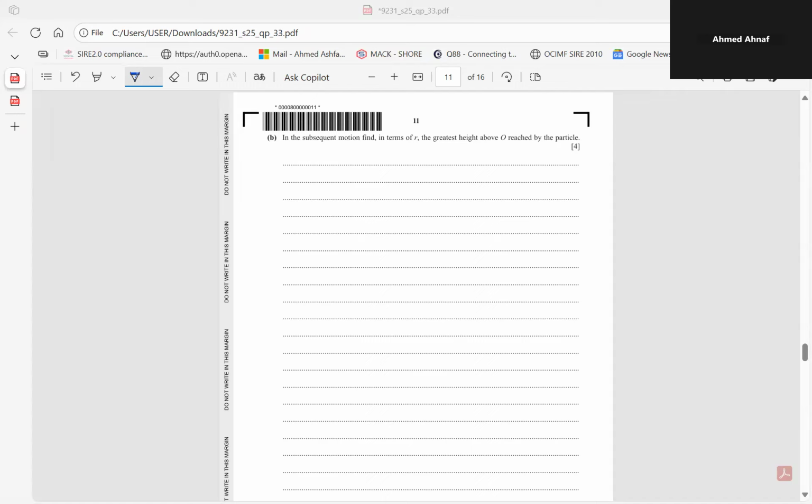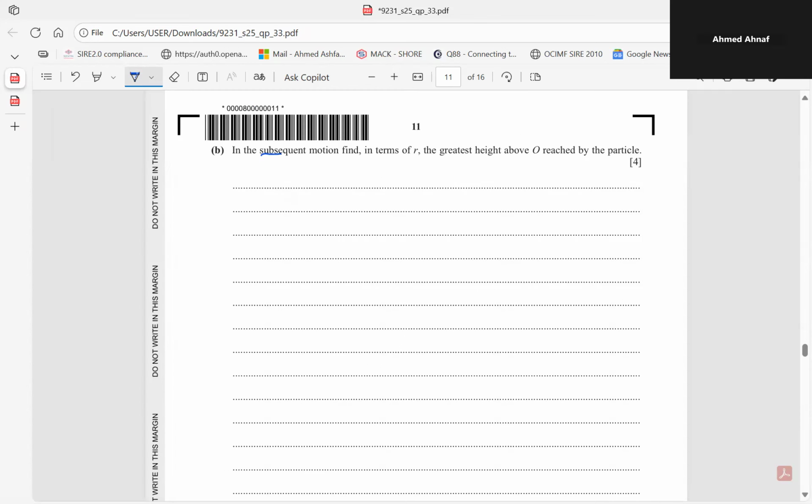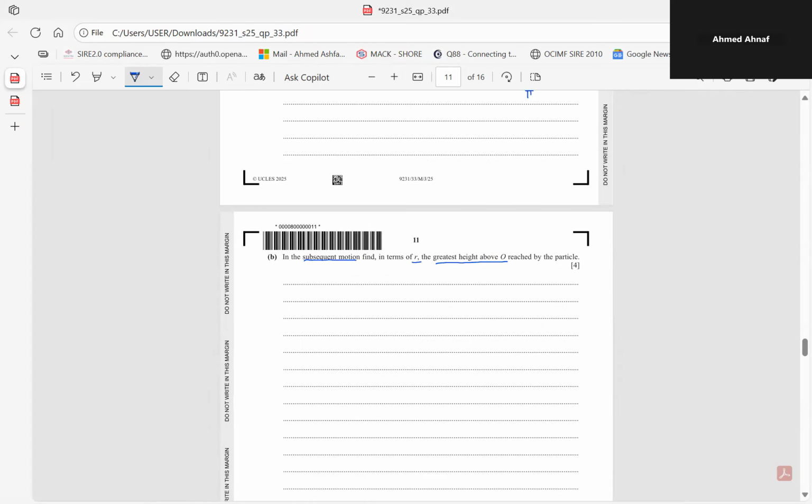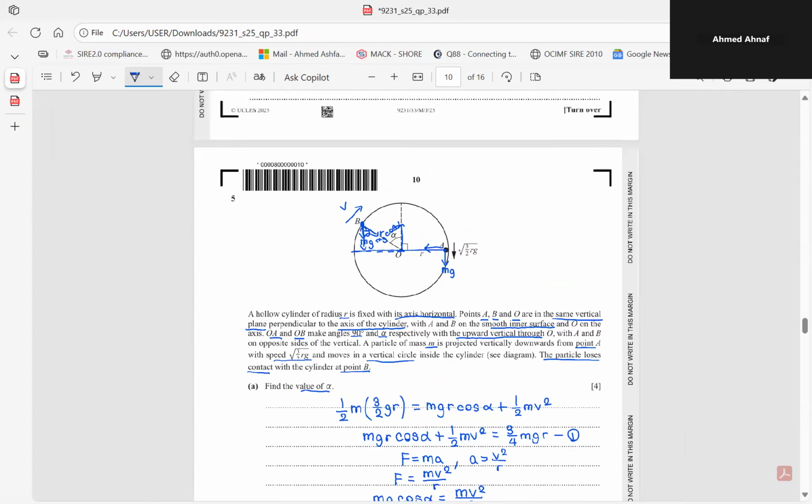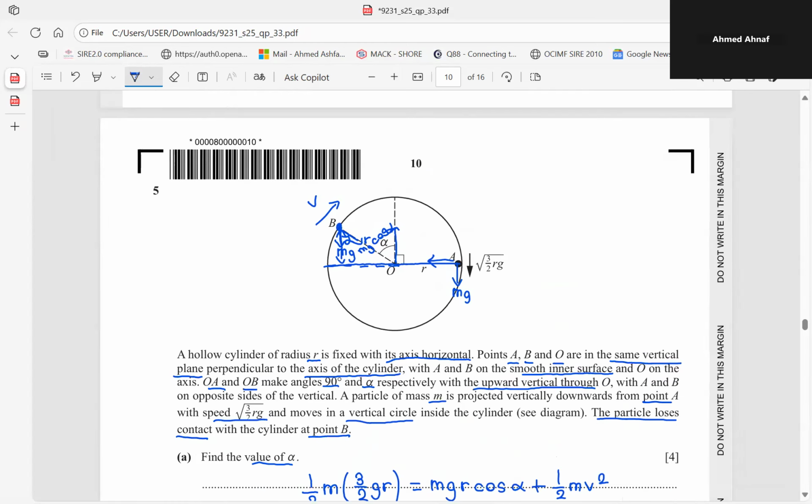Okay, so for this second part, in the subsequent motion, we have to find in terms of r the greatest height above O reached by the particle. Okay, so to do this, we know that at B, the particle lost contact, all right?